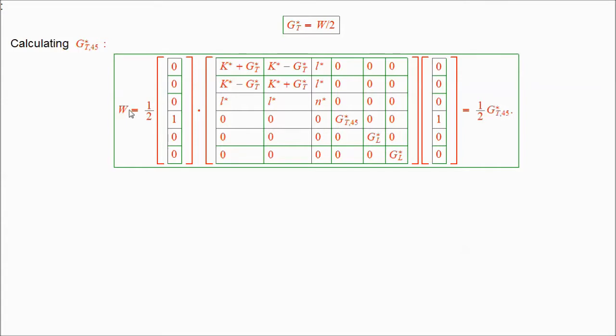So the energy is then equal to 1/2 GT45 star, and I find of course the value I'm looking for here, and just let me write it down.